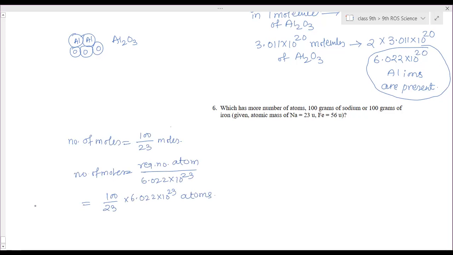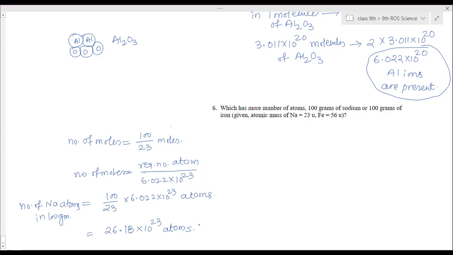So the number of sodium atoms in 100 grams is this much. If you calculate in decimal, 26.13 into 10 to the power 23 atoms.